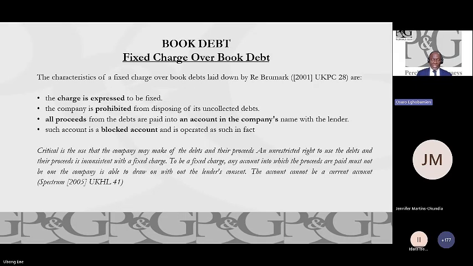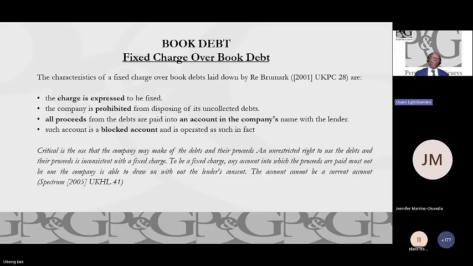There's a mechanism by which that is done, but it must be clear that the bank is in control of those funds. And that will usually be done by all proceeds from the debts being paid into an account in the company's name, or in the bank's name with the lender. In other words, the company's name with the lender, but the company doesn't have full control. Usually the company will be a signatory to that account. And finally, the account is blocked. In other words, you can't access those funds without the bank giving you permission to do so.